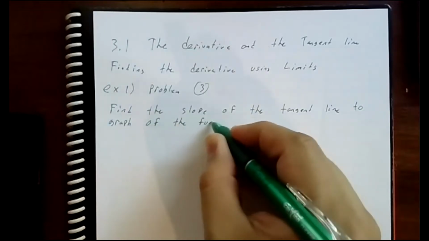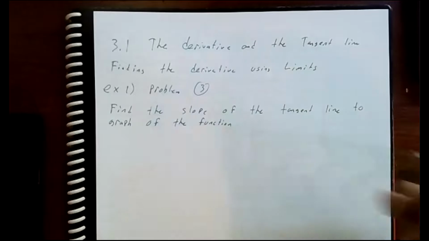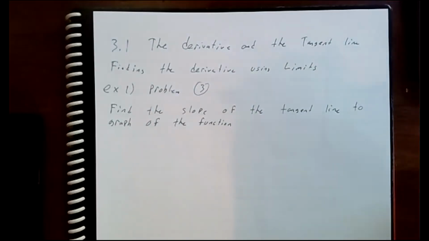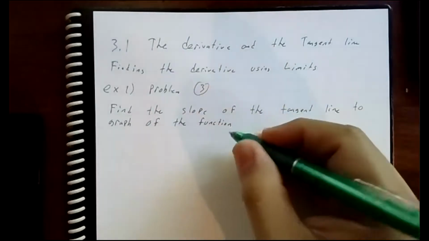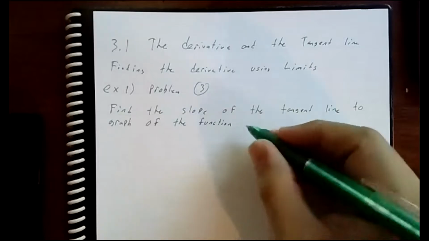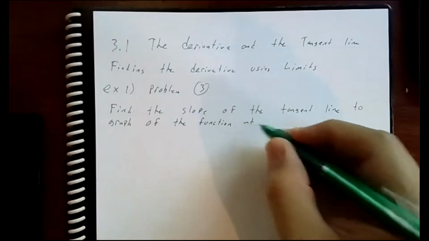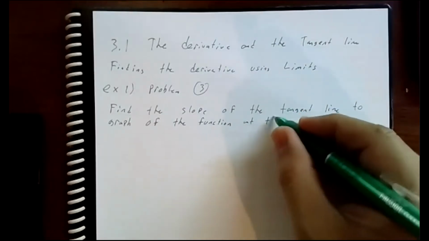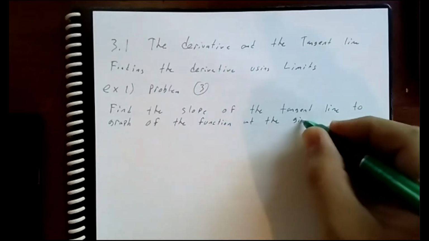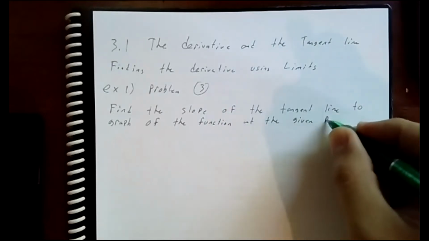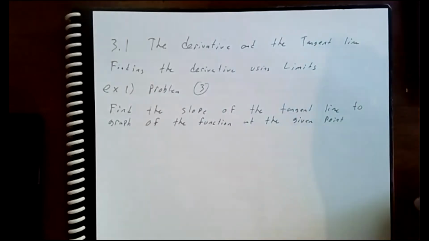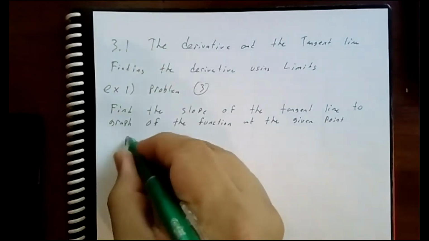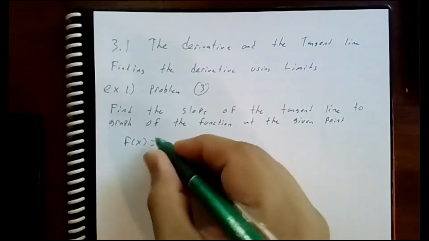So the only reason we actually went over limits and studied them was in order to apply it to this idea. But they're also useful, but that's the main reason, this. To find the slope tangent to a graph. So here is the question.